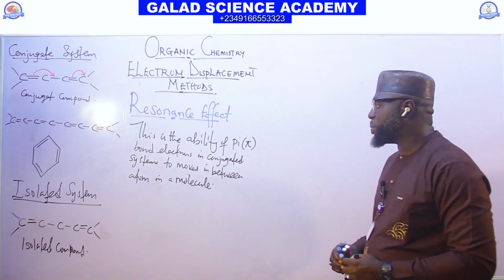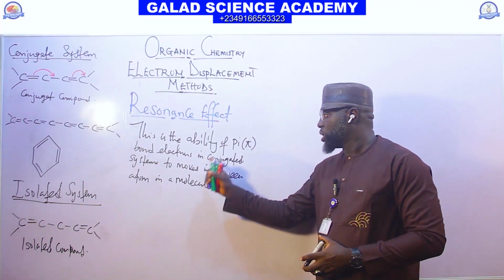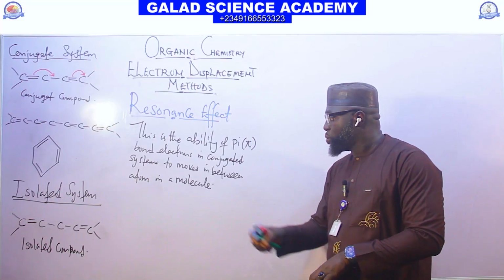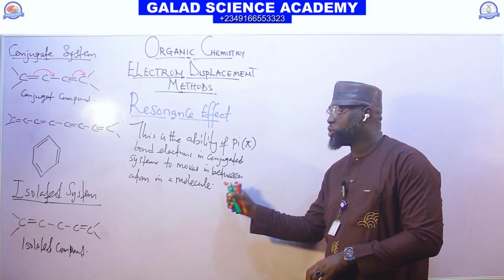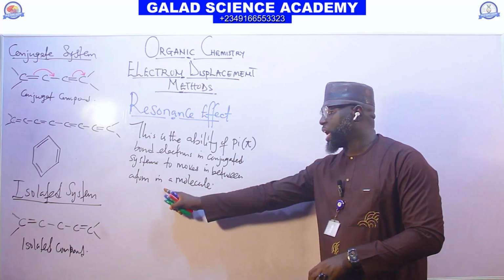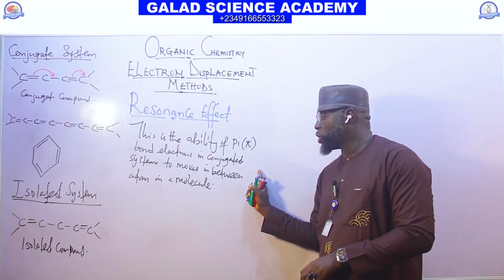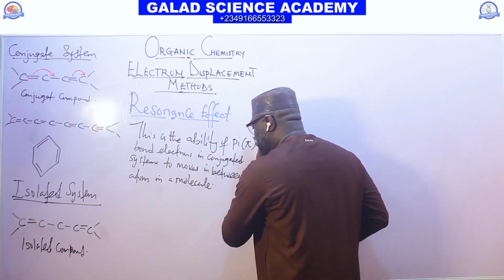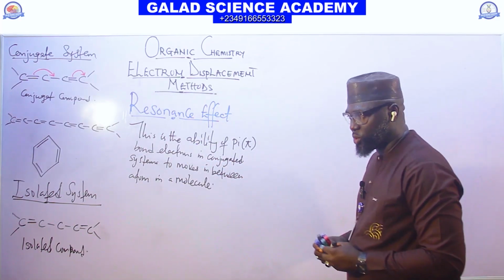The ability of the pi bond electron in the conjugate system to move in between the atoms in a molecule is what we call resonance. This is the definition of the word resonance.